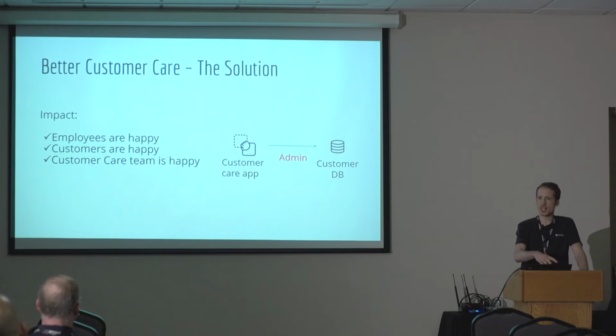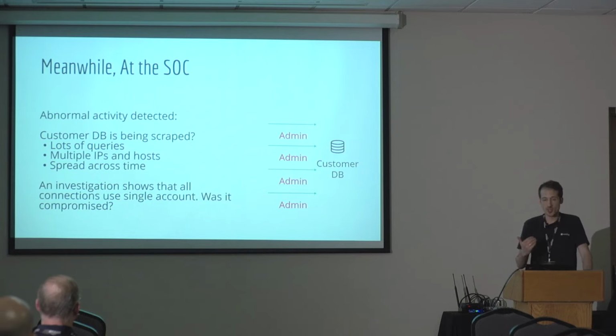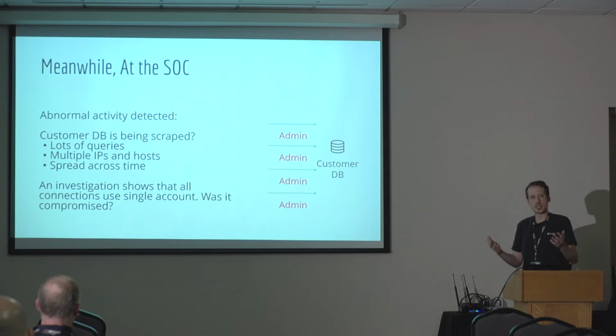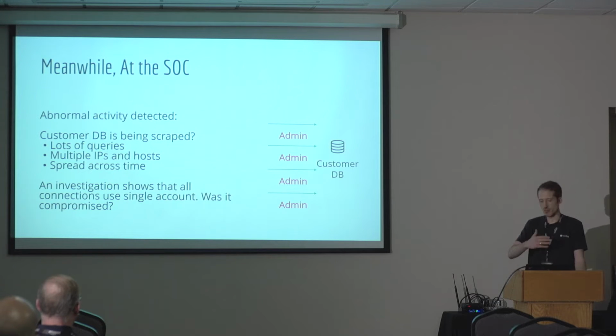This was actually running for a few months. Employees are happy, everybody is happy with this situation, unless you're in the SOC. And here's what happened. From the SOC's perspective, there's no application. Because this is a shared refresh token, this is just a bunch of people across the enterprise, from multiple machines, running multiple queries on the database. It looks like scraping, it looks like some kind of an attack.